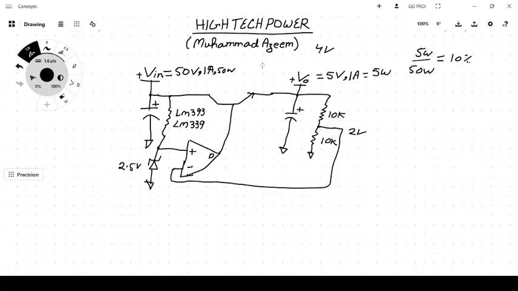Suppose we keep the sequence original, and suppose that the output voltage was at 6 volt, then the middle point of the 2 resistors would be at 3 volt.